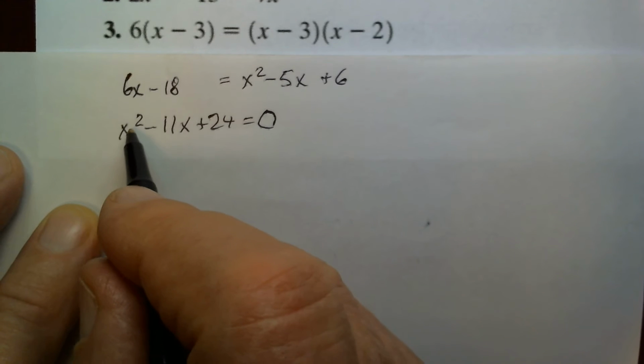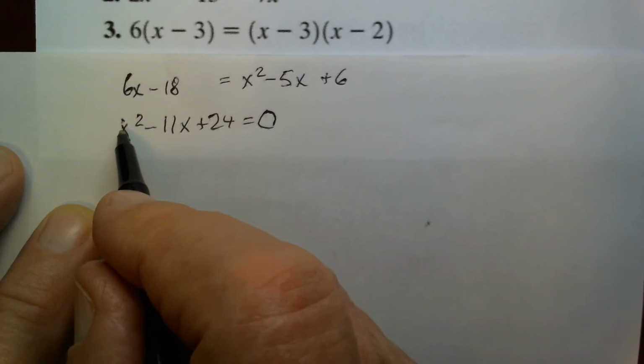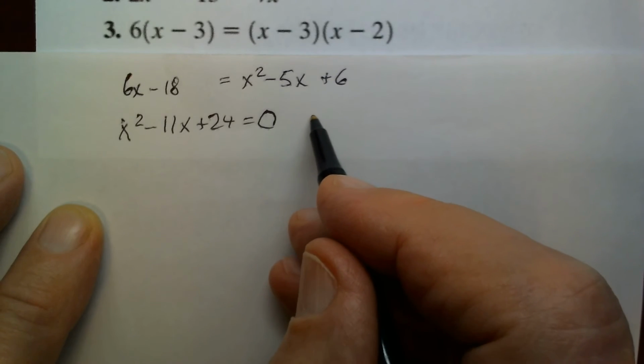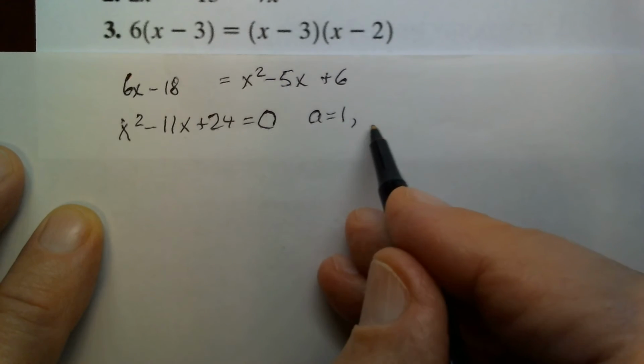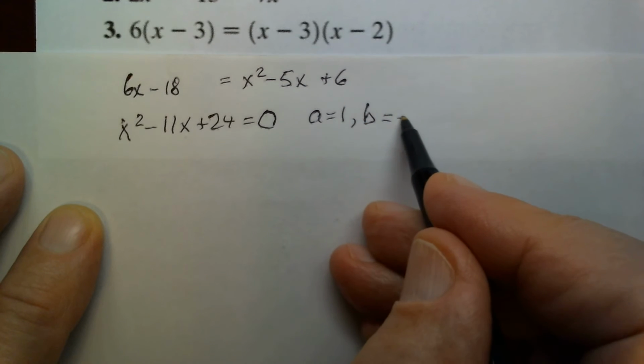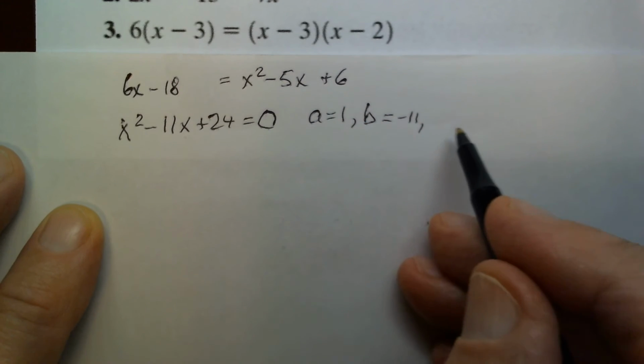So we identify a, the coefficient of x squared, as 1, a equals 1. B is the coefficient of x, so b equals minus 11. And c equals 24.